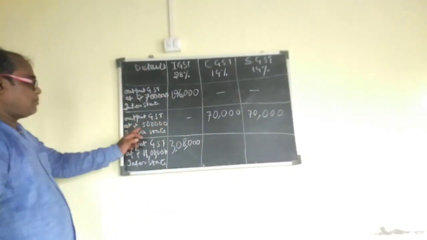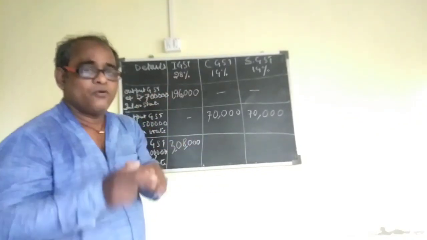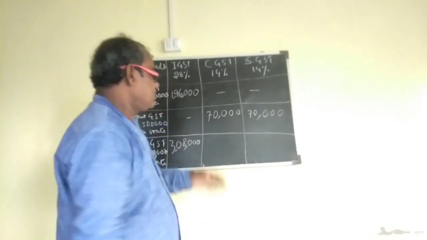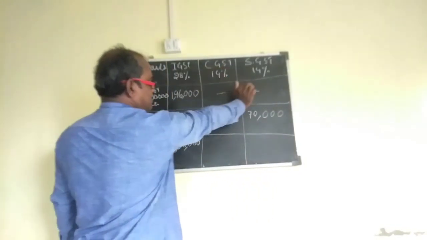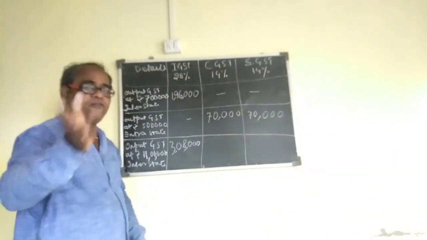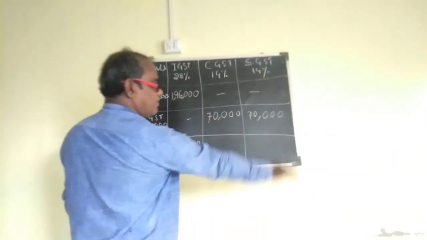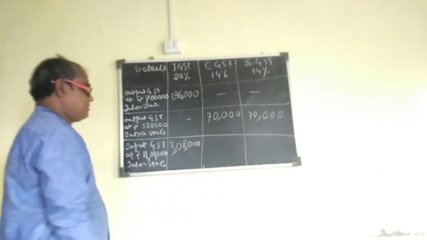Output GST at rupees 5 lakh intrastate, meaning within the state, was 1,40,000. This 1,40,000 will get distributed to CGST and SGST. So half of 1,40,000, that is 70,000, will come to CGST, and 70,000 will come to SGST.